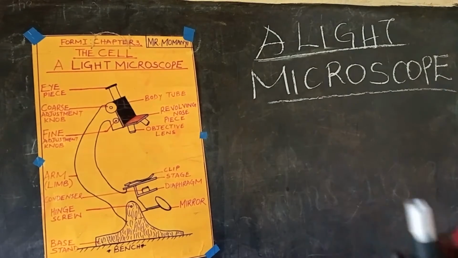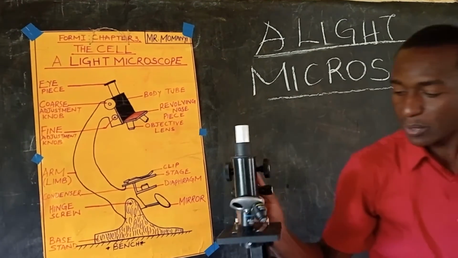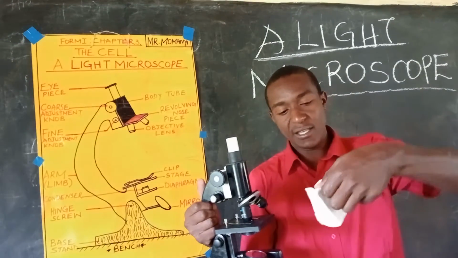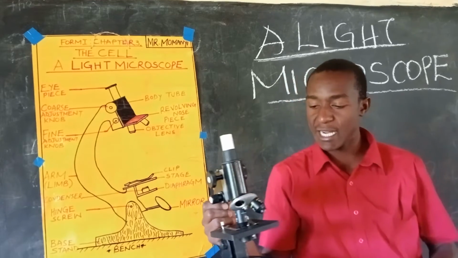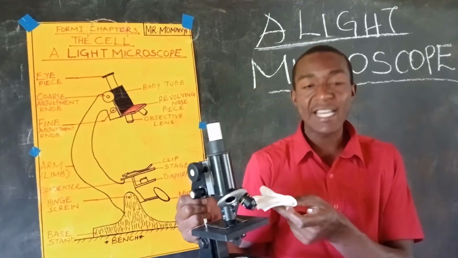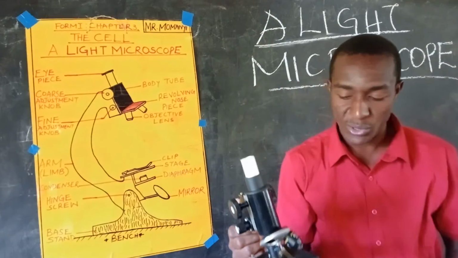This is the microscope. And there is a soft cloth. You can see this soft cloth that is used in cleaning, for example, the mirror and the lenses that are here. There is also what we call the eyepiece, which is also accompanied.